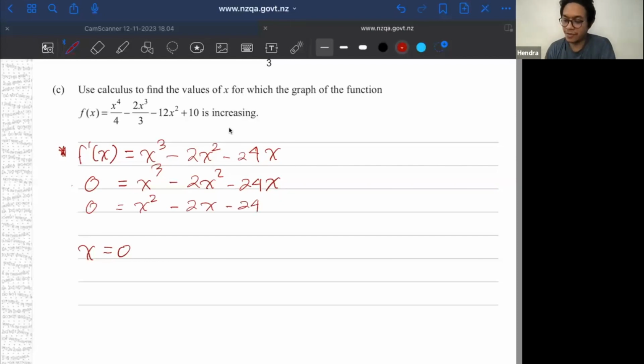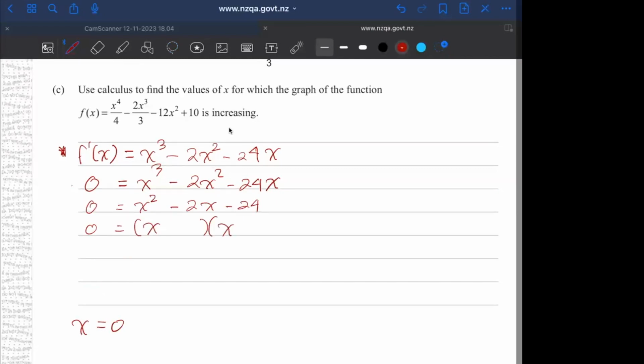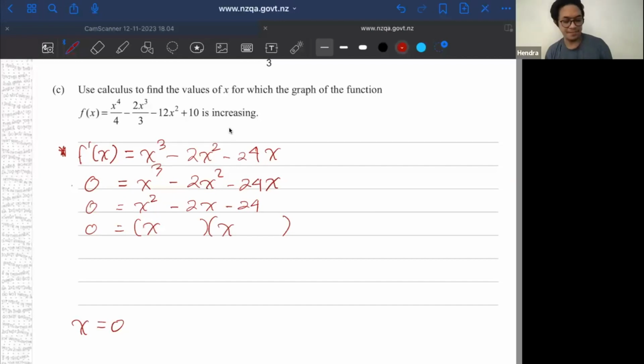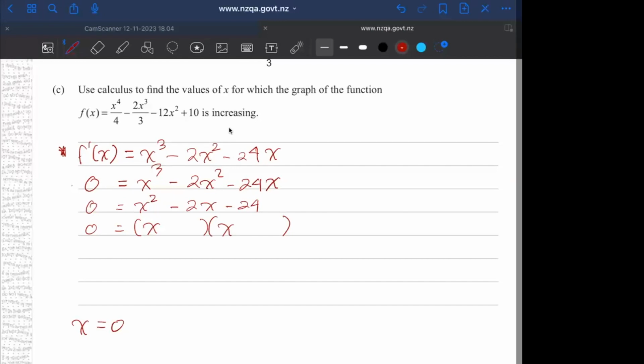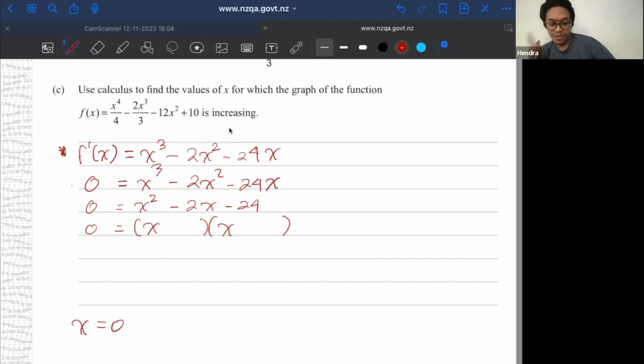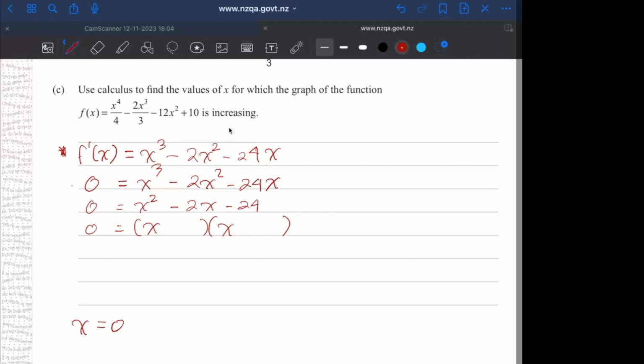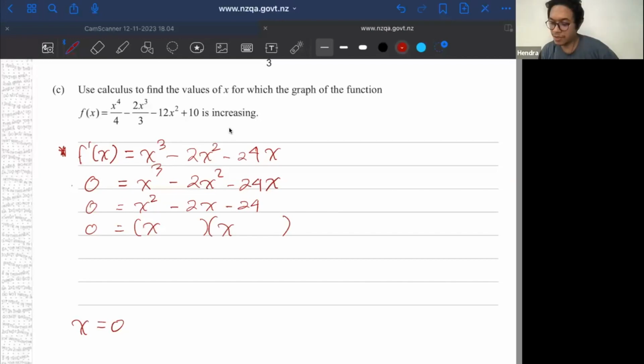Have you studied factorization? Like x, blah, blah, x. Quadratic? What are the numbers? Well, if you multiply, you get 6 and 4.